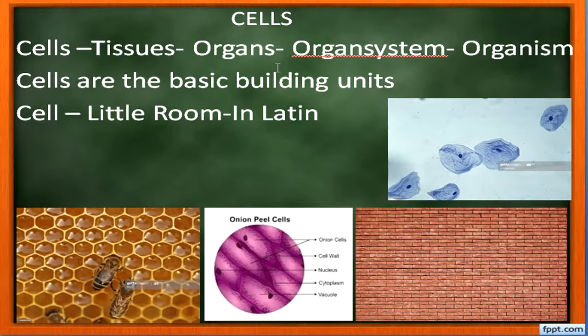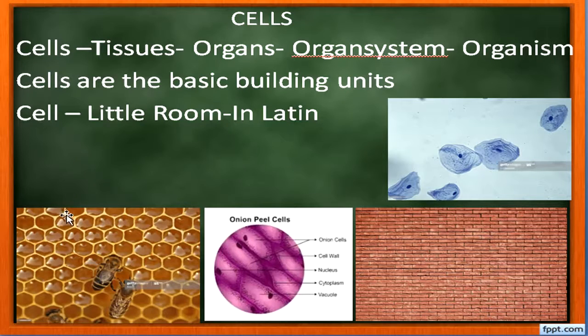Many organs such as stomach, pancreas, liver, intestine group to form an organ system such as the digestive system. And many such organ systems, that is respiratory system, excretory system, digestive system, reproductive system, together comprise the entire organism. So the cells are called the basic building units.